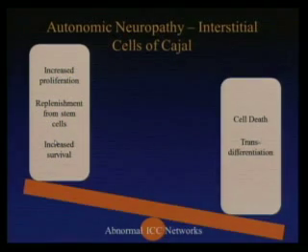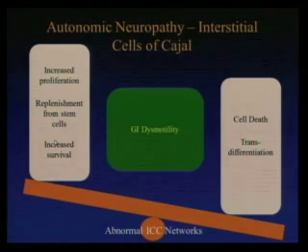And when this gets out of balance and you lose numbers of interstitial cells of Cajal, then this often results in adverse GI motility and GI dysmotility, and you have this subsequent development of an abnormal interstitial cell of Cajal network.